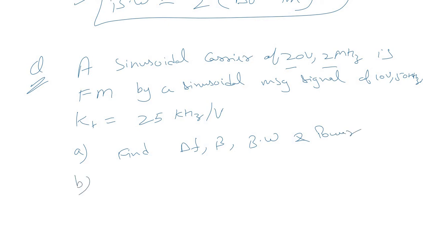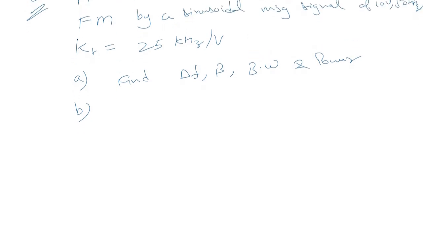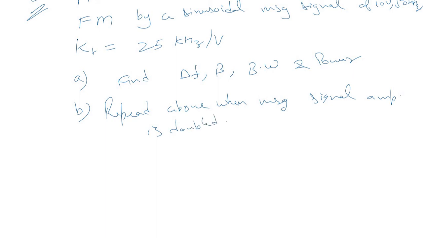And the second part of the question is: repeat the above when the message signal amplitude is doubled. That means we want to check the effect of the change in the amplitude of the message signal over all these parameters. That is the aim, right?